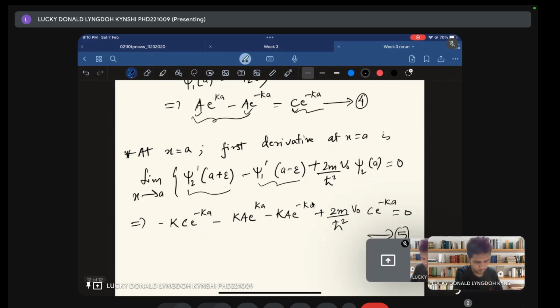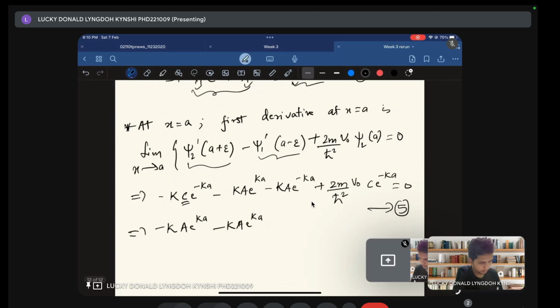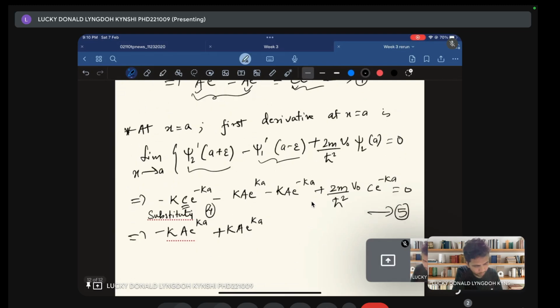So instead of C here, you can represent it with A e to the power ka. So we get minus k A e to the power ka, minus k A e to the power ka, okay, plus, that means substituting this equation 4 in 5.